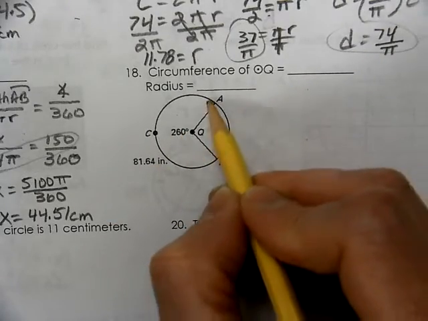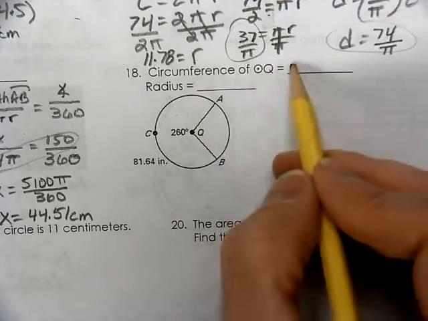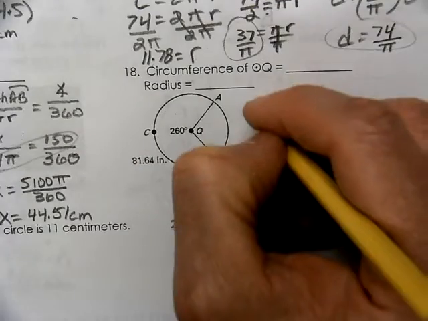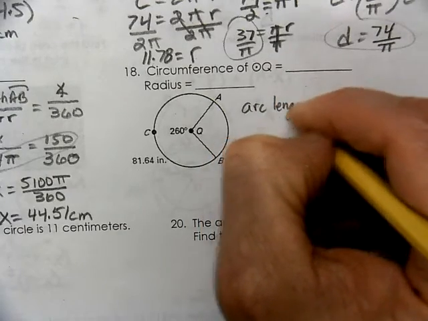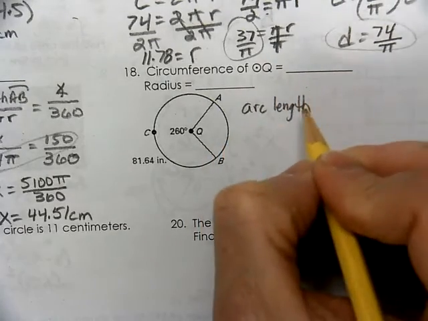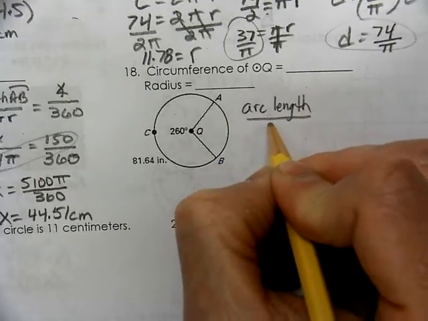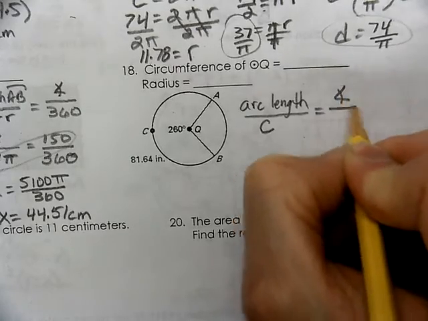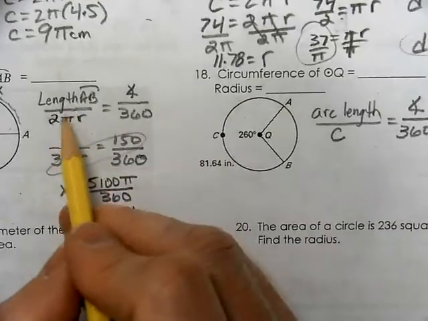Here we have an angle, we have an arc length. We're looking for the circumference and we're looking for the radius. Well, we have arc length over circumference equals the angle over 360, just like we talked about over here.